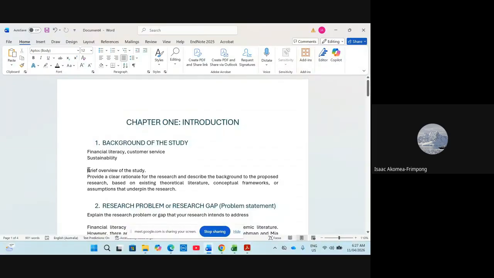Then you go ahead to talk about the rationale. Why are you trying to study this? What is motivating you? What is actually motivating you to write this article or to study this? You need to give us that.